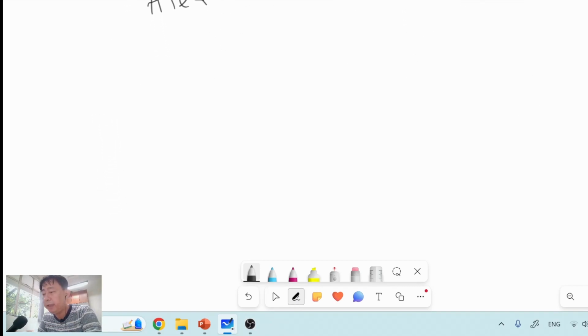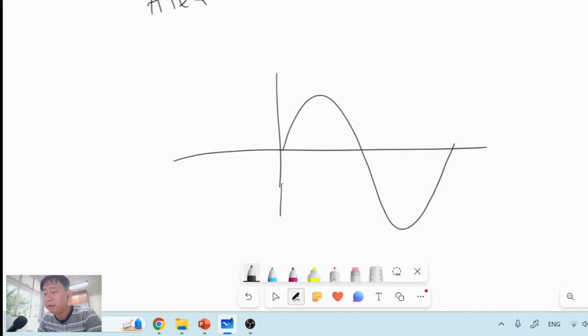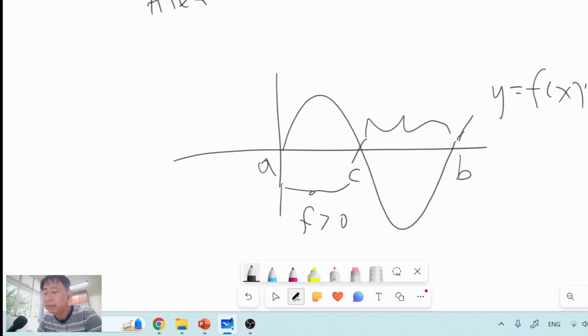However, for a case such as this one, say you have a function like this. For such a function, there are areas between A and B. You have a function f of x, and for x sitting between A and C, the function is positive, whereas for x sitting between C and B, the function is negative.